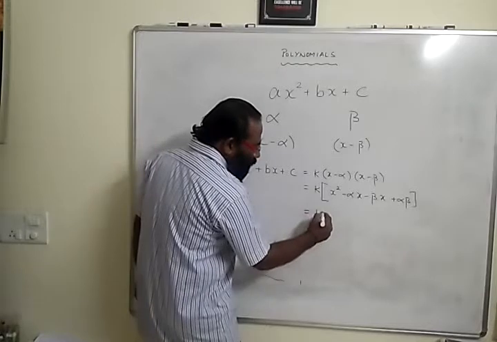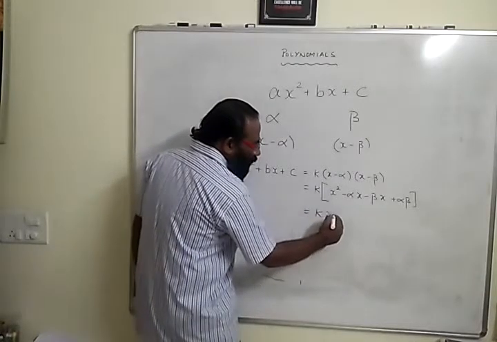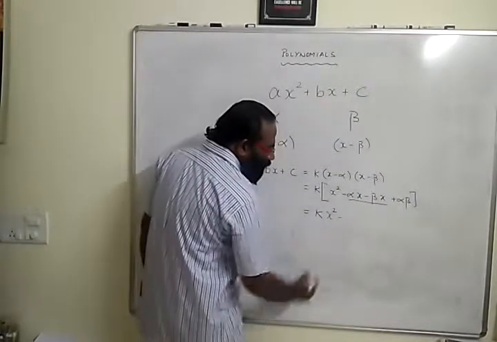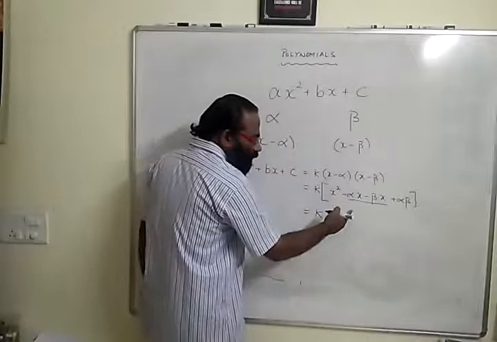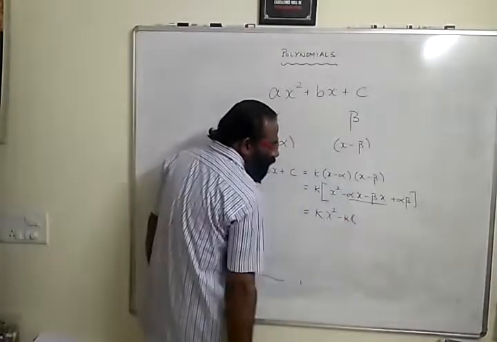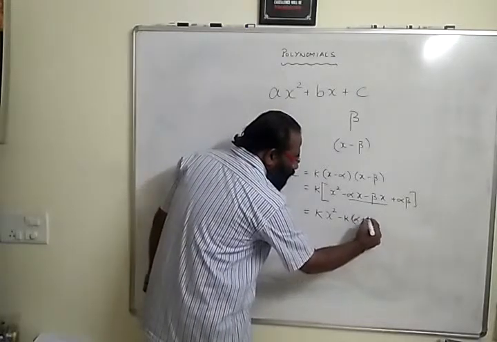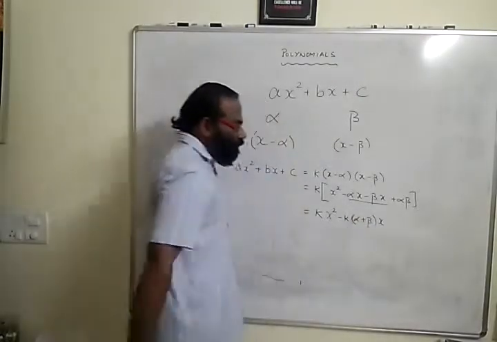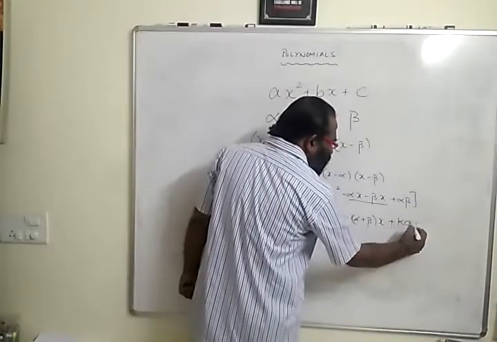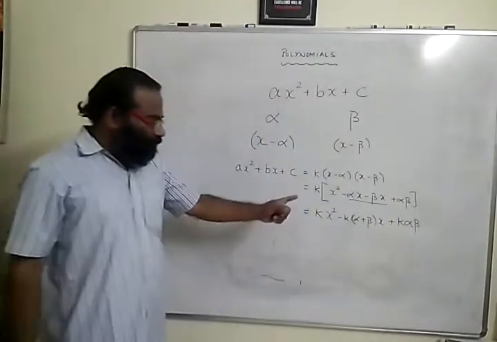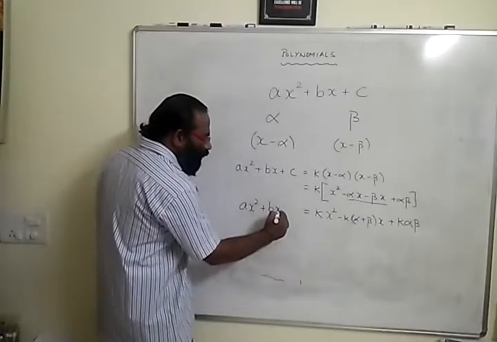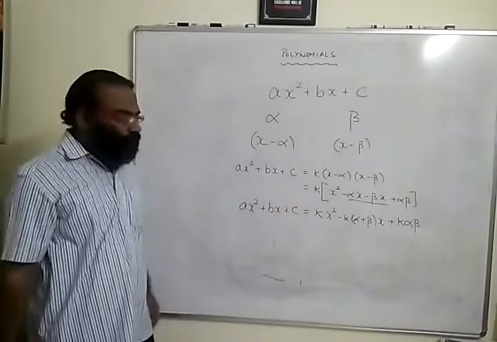Doing it further, I can take it as kx squared, and these two are together, so I can write it as minus, taking the k from inside, k into alpha plus beta into x, plus k into alpha into beta. And on the left hand side, you have ax squared plus bx plus c.